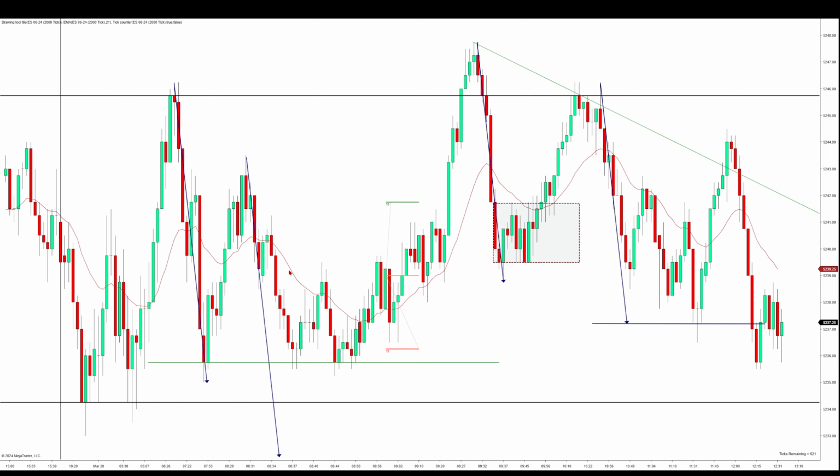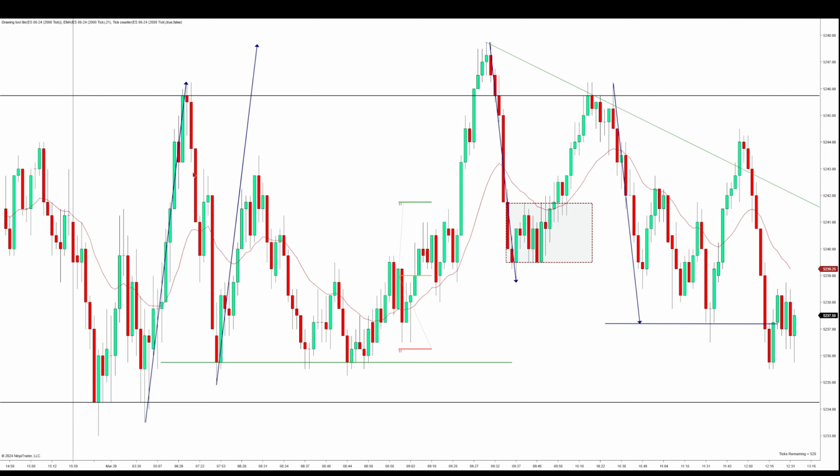Now, with that being said, you still have, like I said earlier, this two-legged move up right here. Let me just copy that over, and I'm just going to unclutter this for a second. Now, you have this uptrend, break, and then that first attempt at a new high, and then this little tick higher right here, this is your second attempt at a new high.